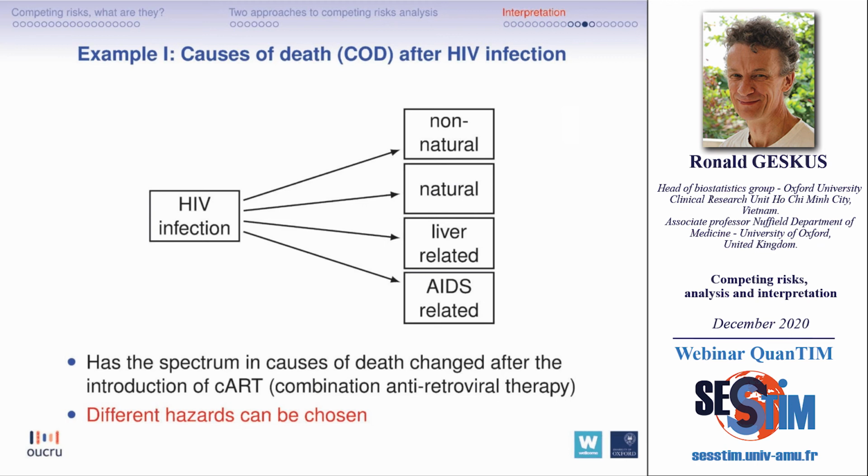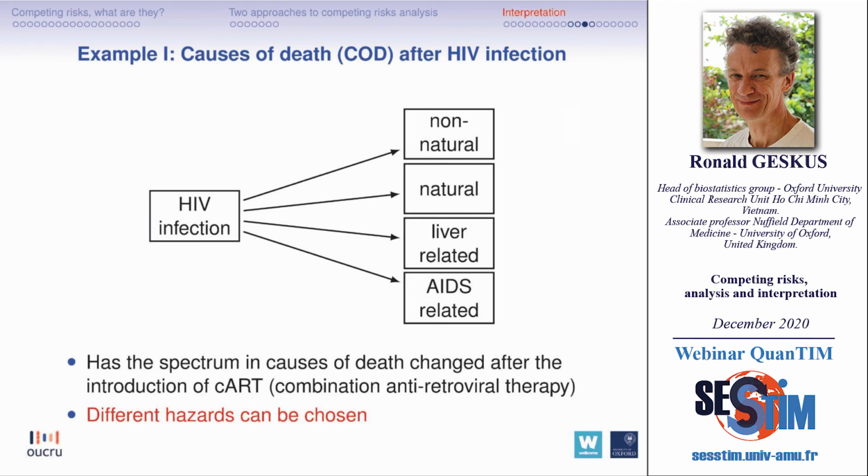If you no longer die of AIDS, in the end, you will die of something else, and that may be cancer or a heart attack. So with respect to the subdistribution hazard, if you have long enough follow-up in your data set, you will observe that the hazard of the other causes of death will go up.